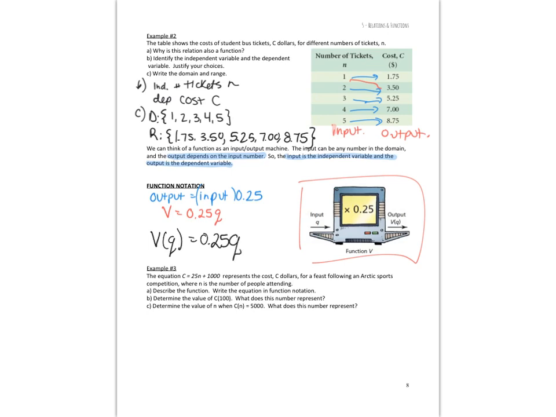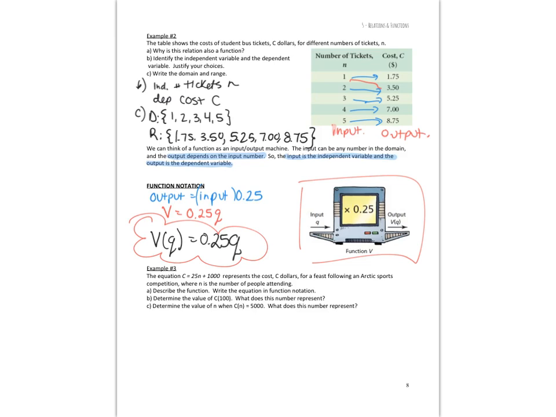So again, the function V depends on Q. So that's what this is saying. V is the dependent variable, Q is the independent variable. So again, function notation, we just write our dependent and independent together here.